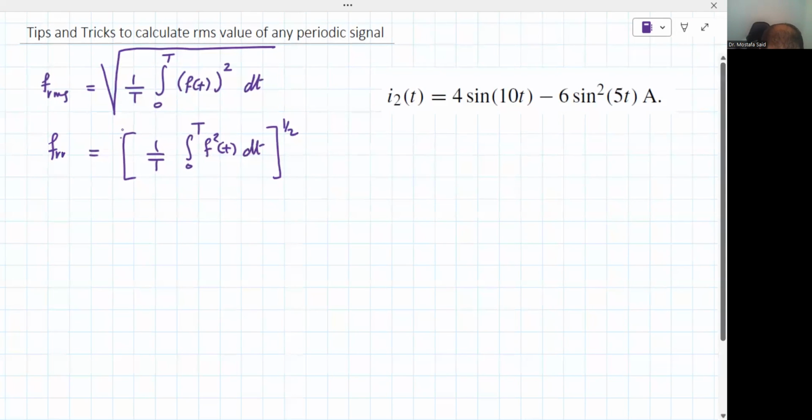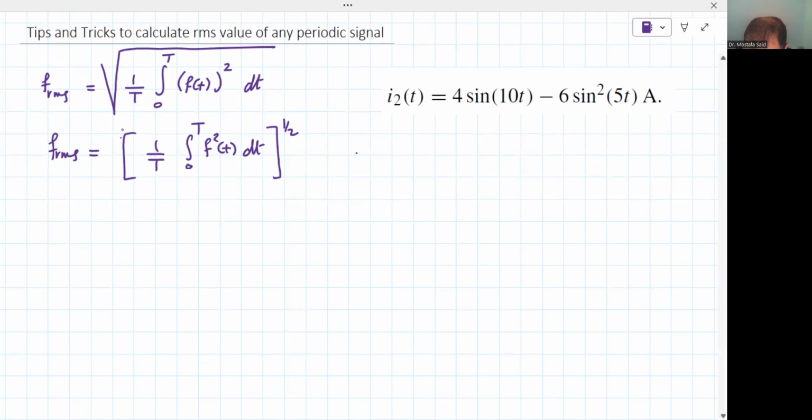That's f RMS. Okay, good. And then when we go forward, we're going to find ourselves at the end of the day solving integrals. So we're going to apply the same tricks and tips that we applied last time when we found the averages.